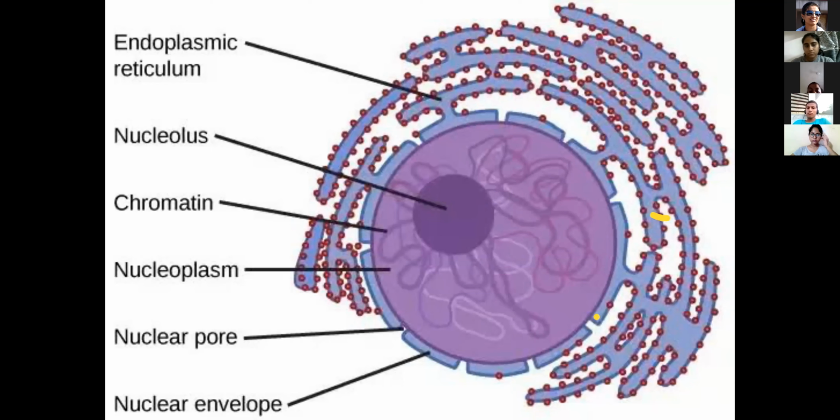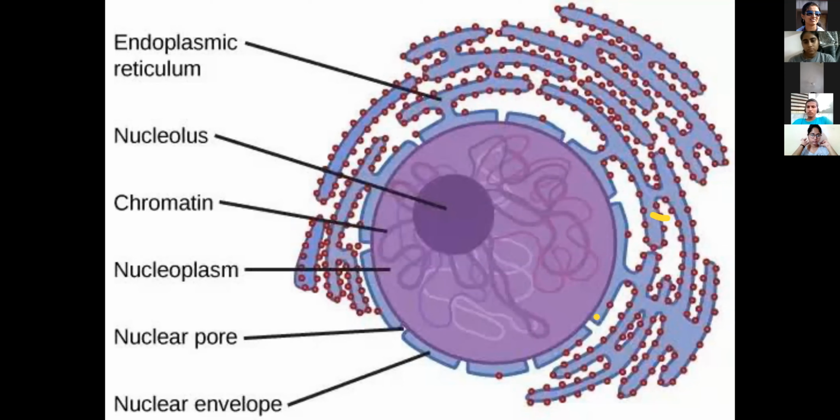Now, nucleolus generally, in most cases, is one, but in those cells in which more protein is required, so जितने ज़्यादा ribosomes होंगे उतने proteins भी form होंगे, right?